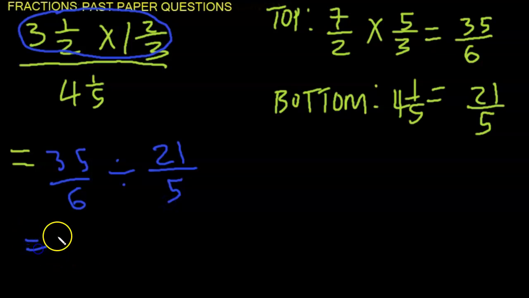So this becomes 35 over 6. And remember, when you're dividing, change it to a multiplication, and then you flip or reciprocate the one on the right hand side. You get 5 over 21.